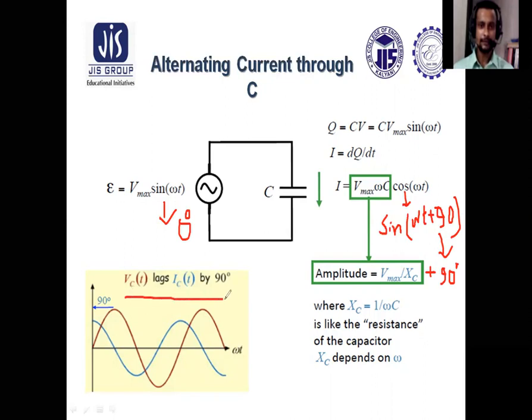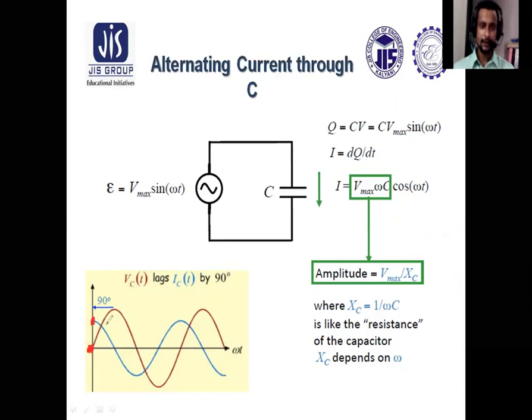So VC lags behind IC by 90 degree. That is why, see, when VC is at 0 degree, current is at 90 degree. Okay. So when VC is at 90 degree, current is at 180 degree. So current started at this point. Clear? So when current starts, VC starts 90 degree later.